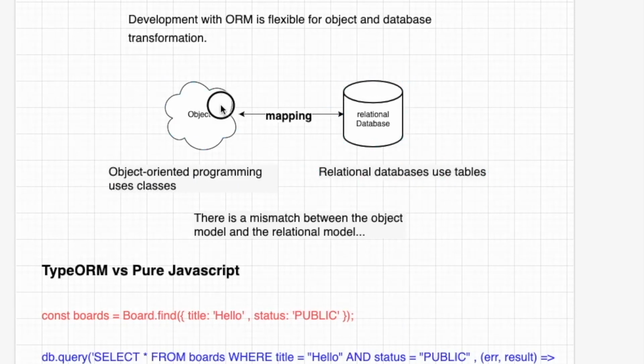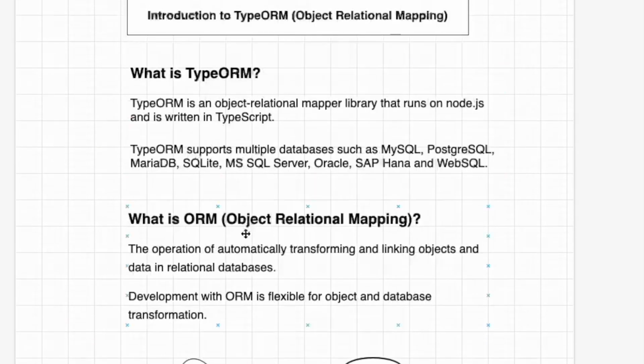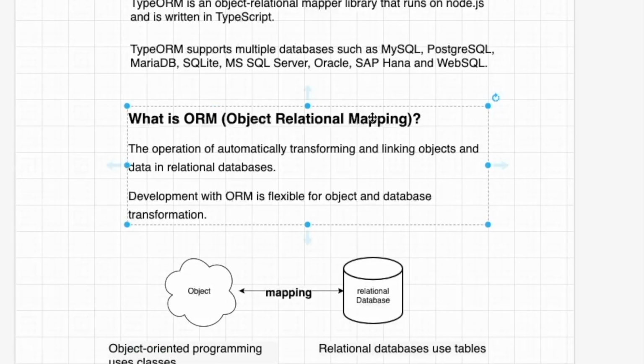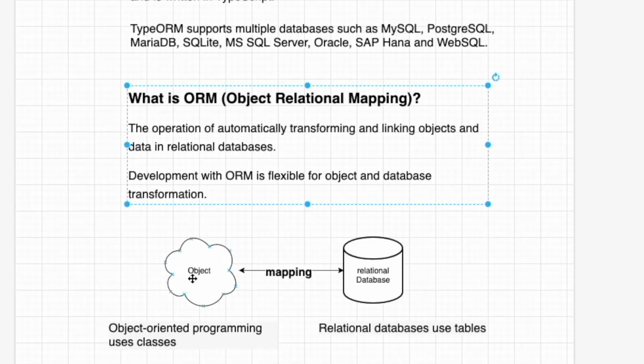If you want to map between them, there is a mismatch between the object model and the relational model. So we need to use this ORM, object relational mapping. This one is object and this one is relational. So we need to map them together.